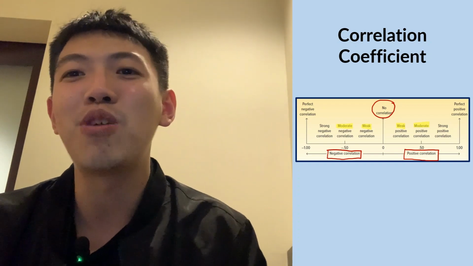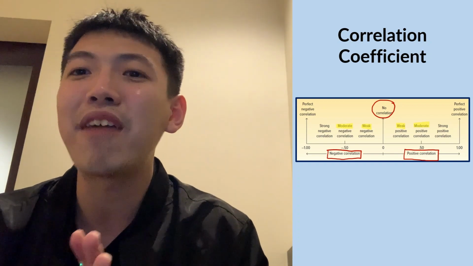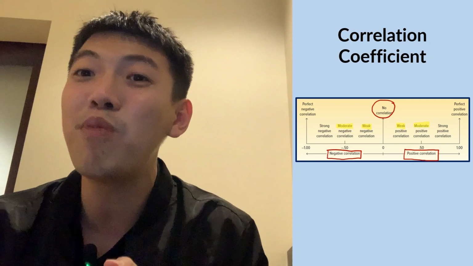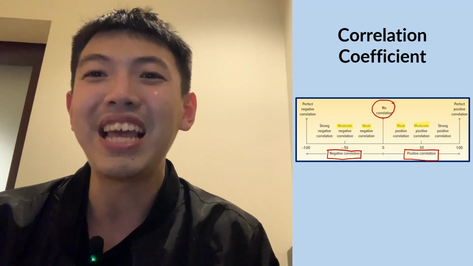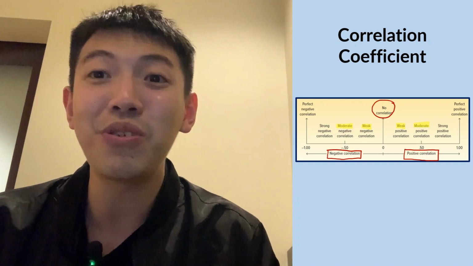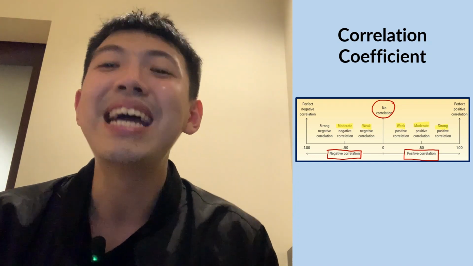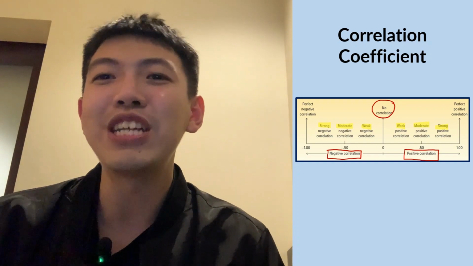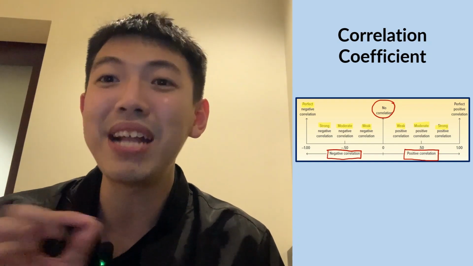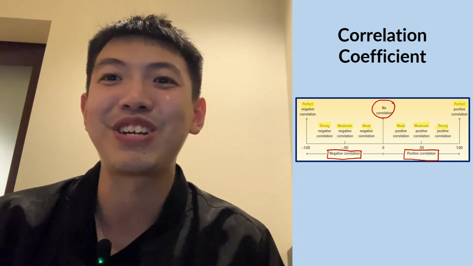So for example, 0.45, 0.5, 0.55, minus 0.44, minus 0.45, and so on. However, if the absolute value of the correlation coefficient is close to 1, they have strong correlation. If the coefficient is 1 or minus 1, they have perfect correlation.